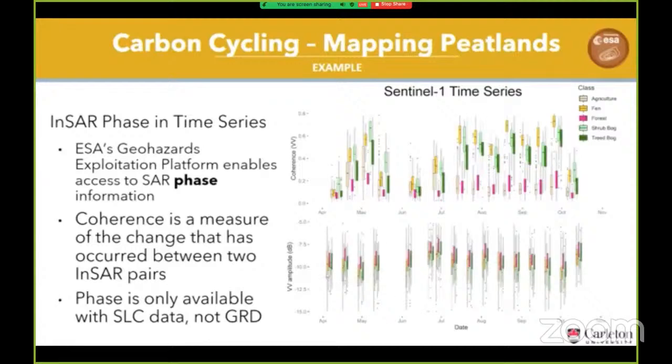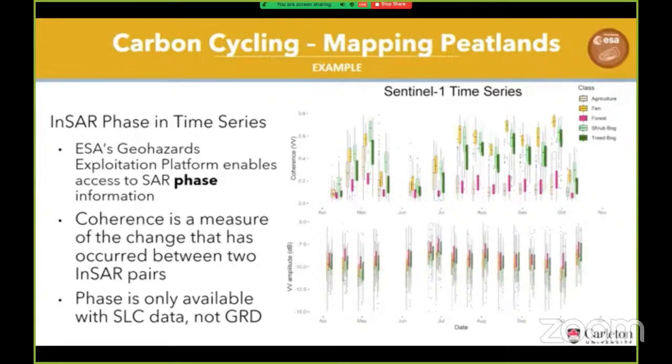And there's no point in the year where those classes can be separated well on any given day or even over time. There's so much overlap between those that we can't use Sentinel-1 alone to map a peatland, and adding Landsat or Sentinel-2 doesn't really help in differentiating forest from peatland.